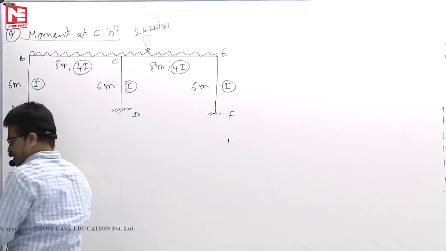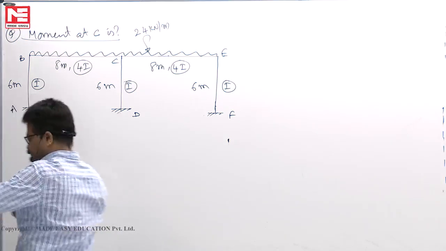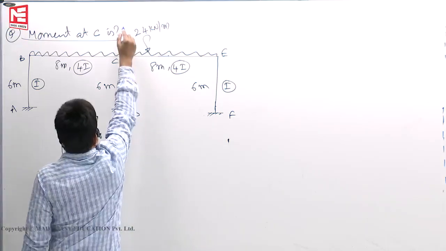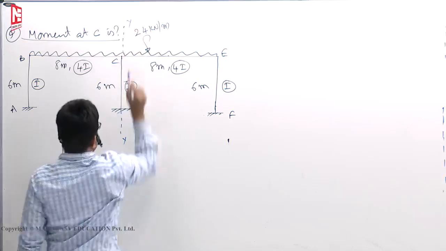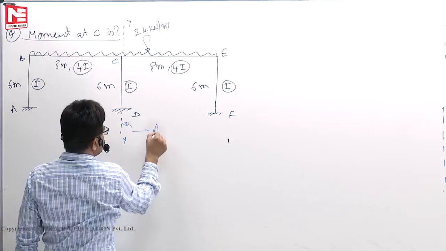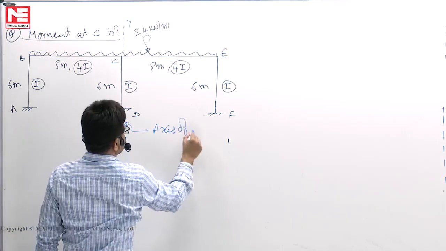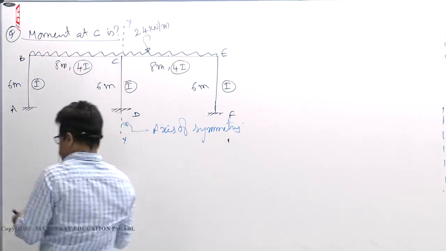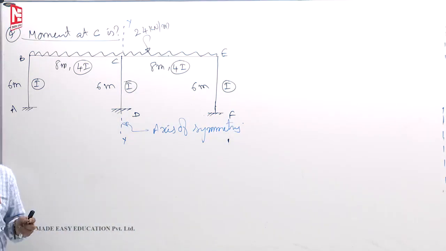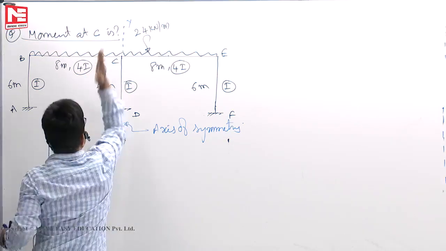Okay. Now the axis of symmetry is here. So this is your axis of symmetry. The axis of symmetry is passing through the support, so we'll fix it.